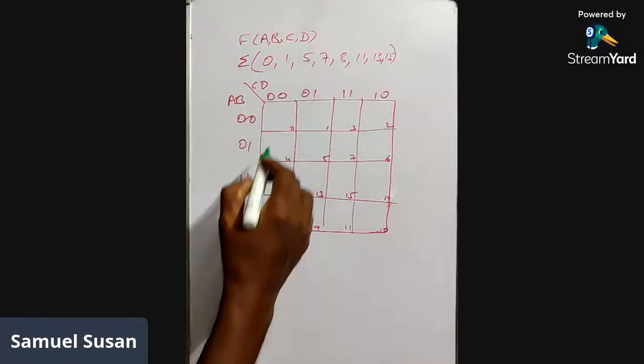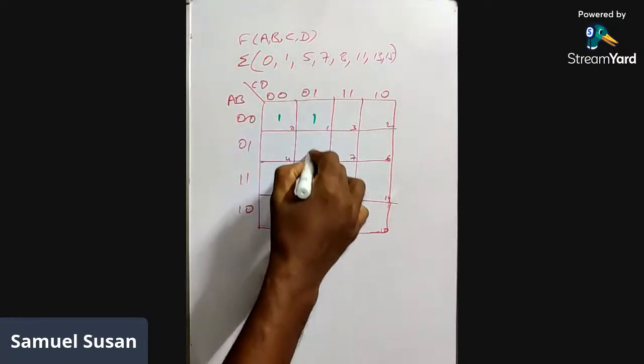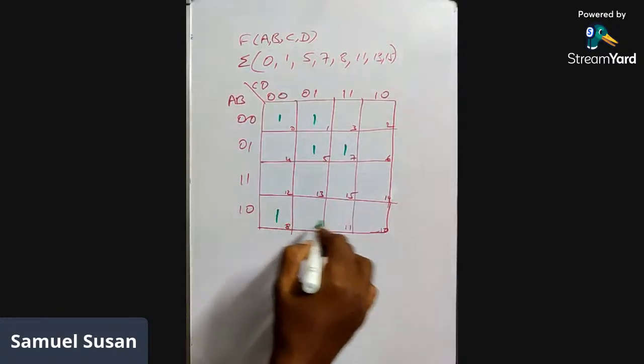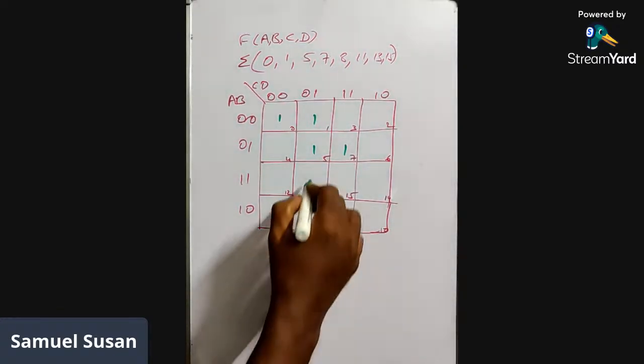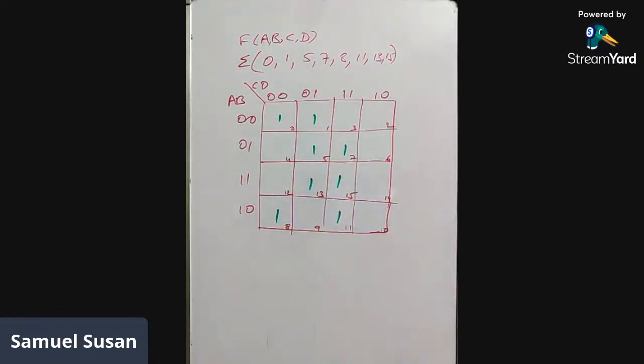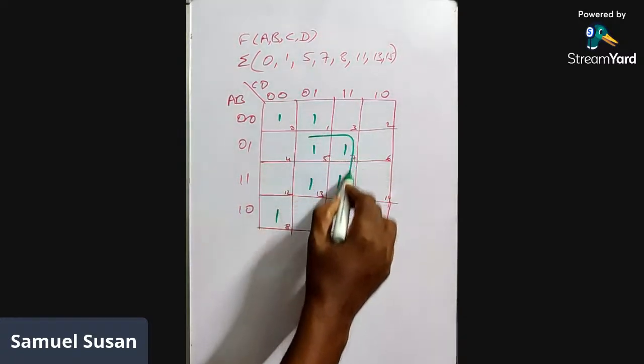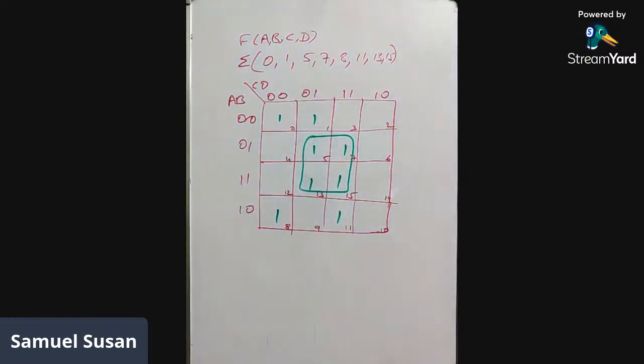What are given are 0, 1, 5, 7, 8, 11, 13, and 15. These are the given values here. What you can do is first identify a quad. Identification of quad is very important.